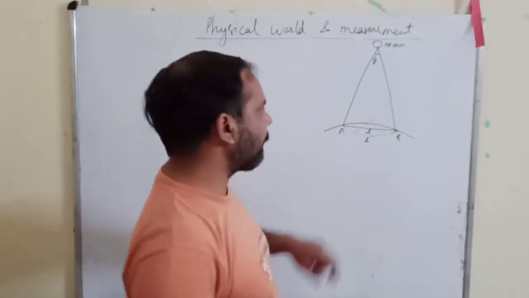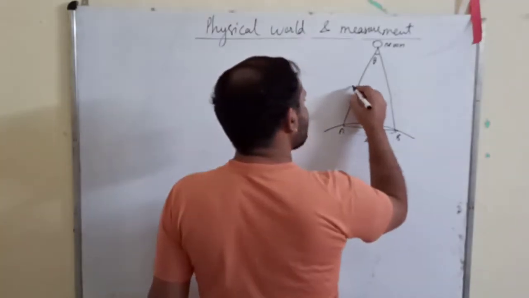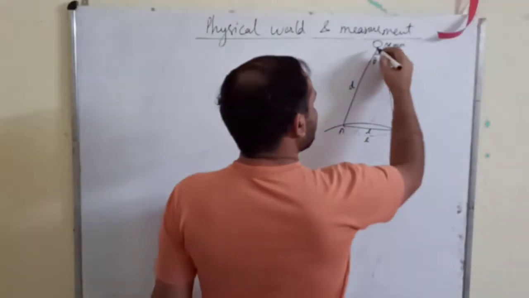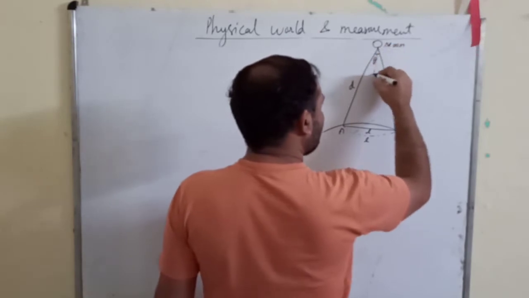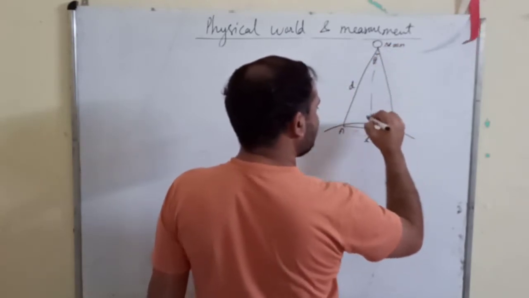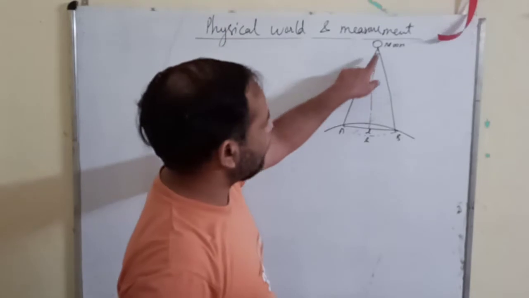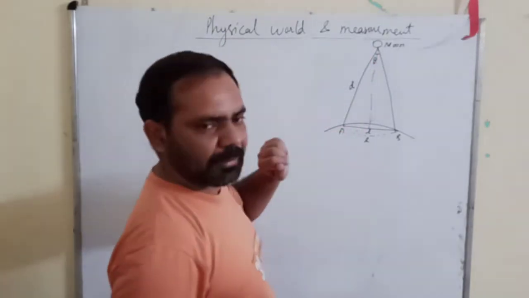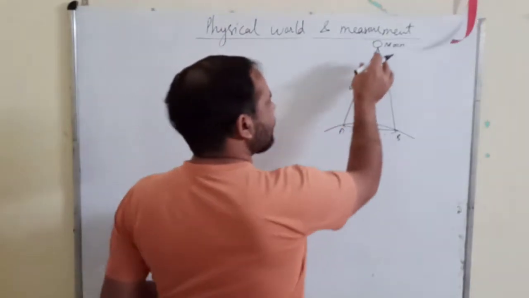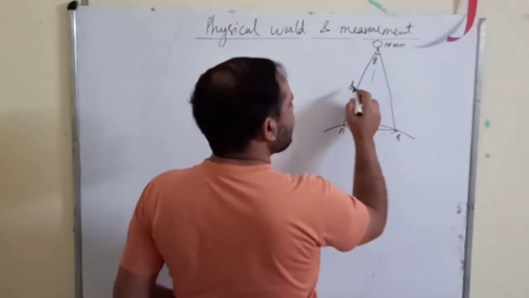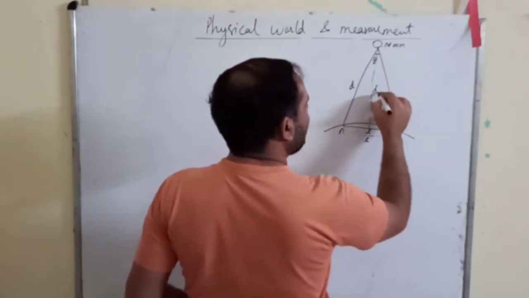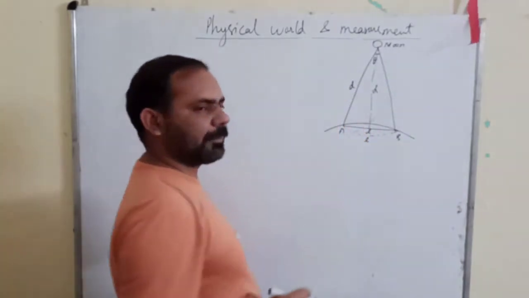So you can apply that here. Now this distance is suppose D. You want to find this distance, the distance of the moon from the Earth. Since this angle is very small, this distance will be approximately equal to this distance only, right?